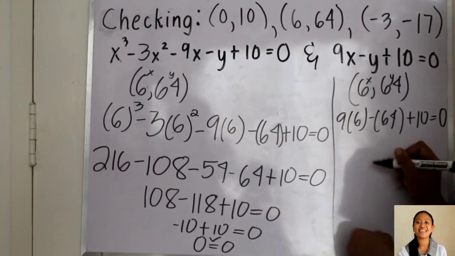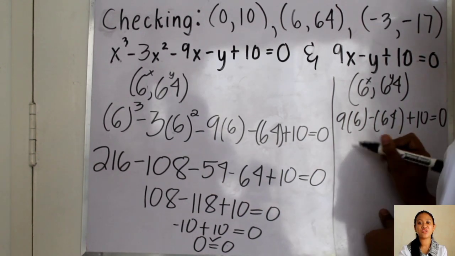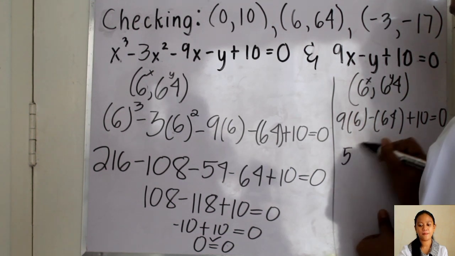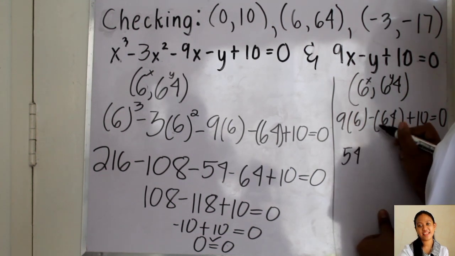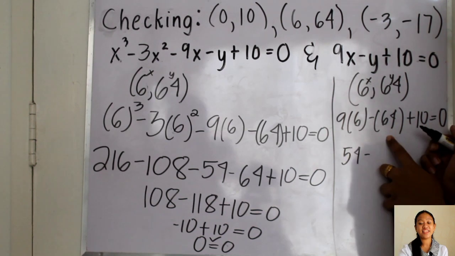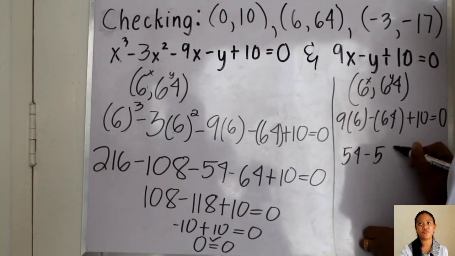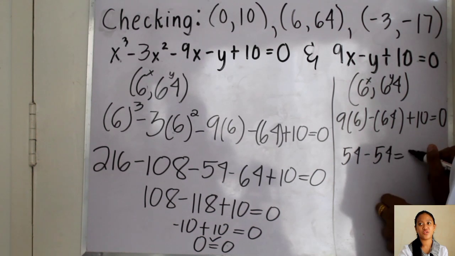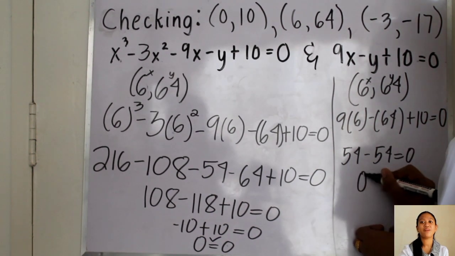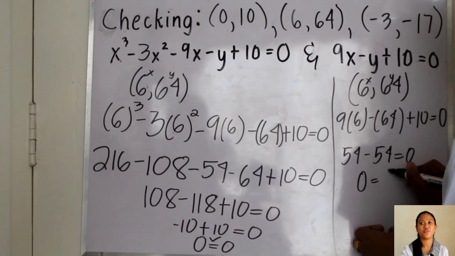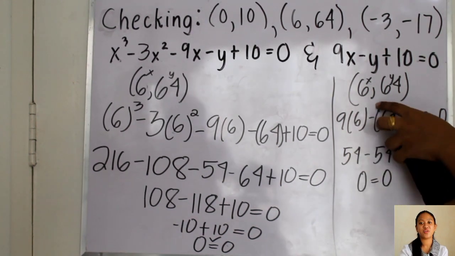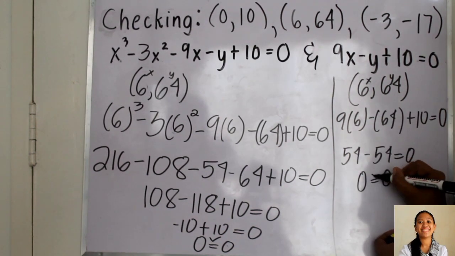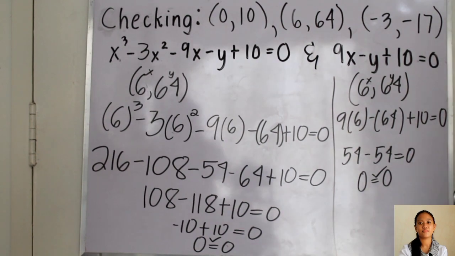So 9 times 6 is equal to 54. Copy the negative sign. Negative 64 plus 10 is equal to negative 54, so 54 minus 54 is 0. It is all equal to 0, so the solution set of 6 and 64 is correct.